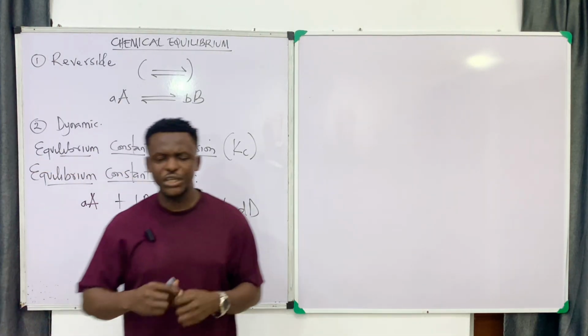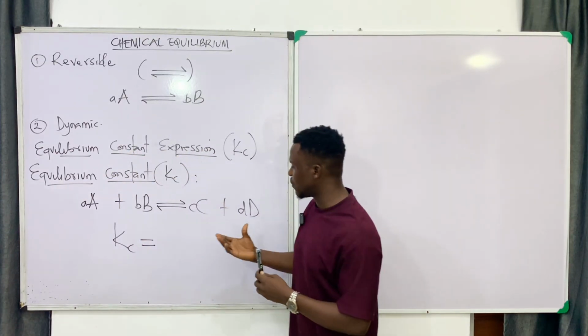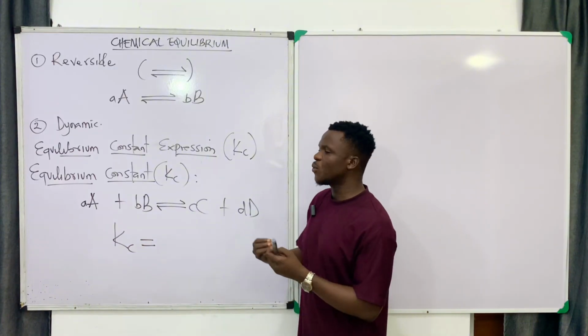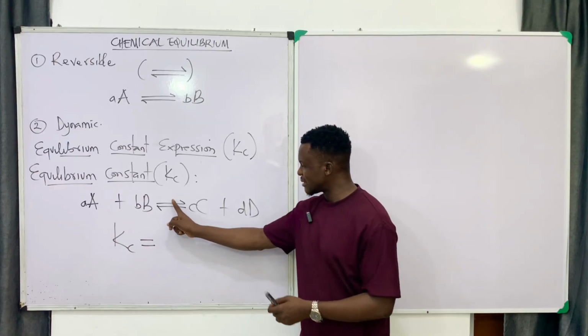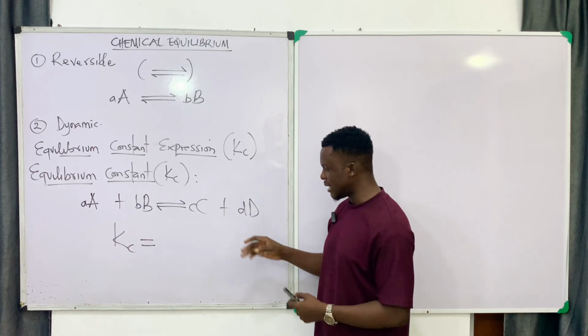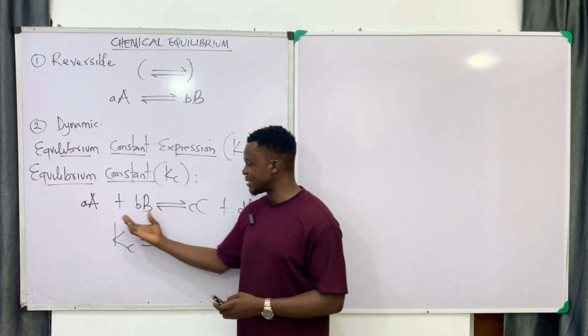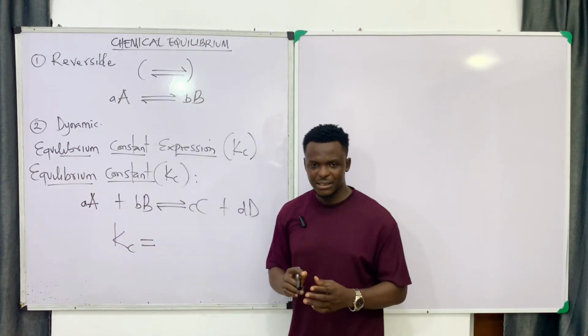Ratio in mathematics means fraction. When they say the ratio of the concentration of the product, how do we know the product? The substance that is always at the right hand side of this arrow is the product. So C and D are the products, whereas the substances at the left hand side are the reactants. A and B are the reactants in this case.